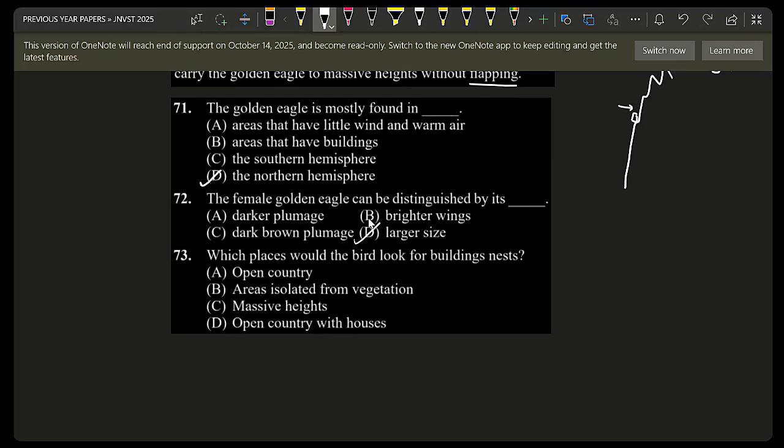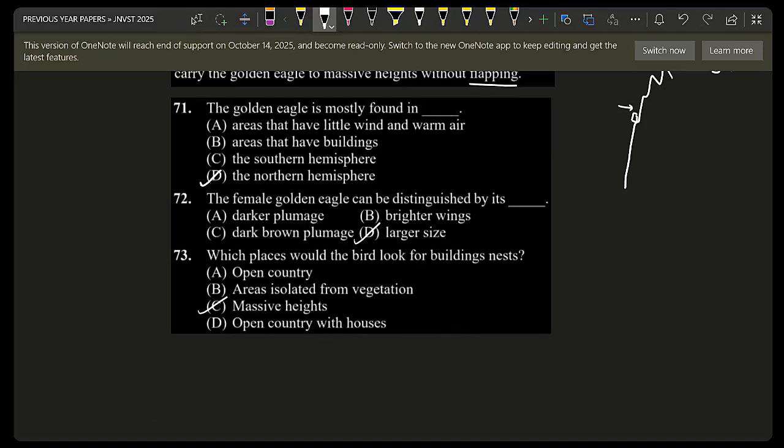So it will be building its nests in massive heights. They said they build nests in tall trees and the cliffs of mountains. They are at very massive heights. Okay, next.